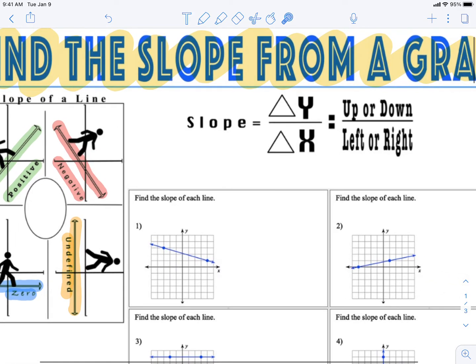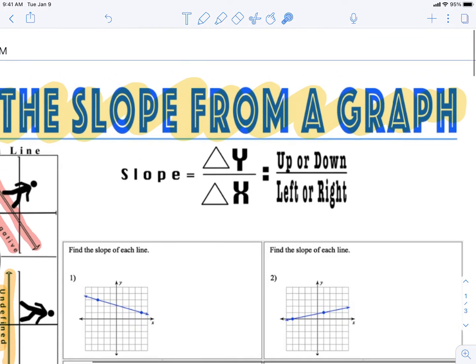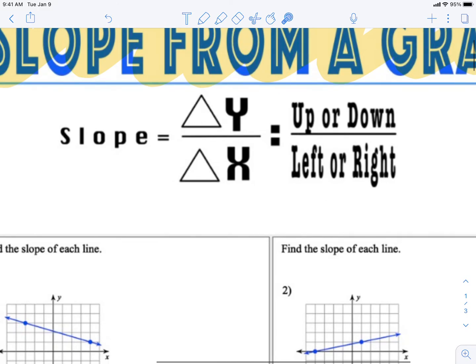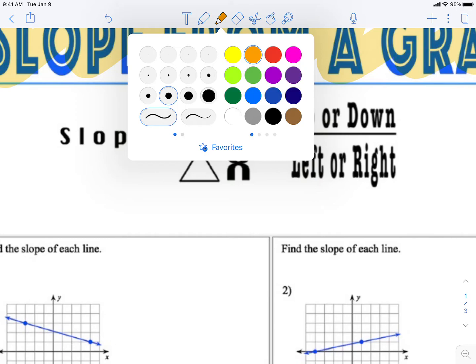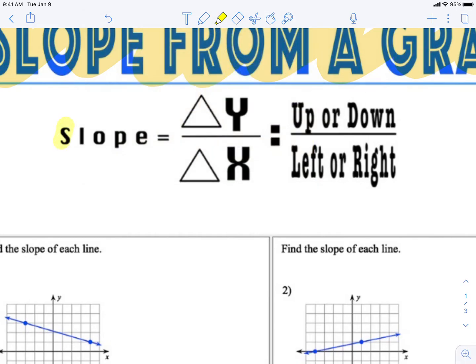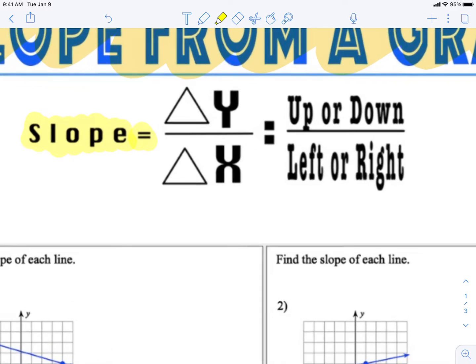So let's move on to the next part here. So we go here to where it says slope. So this is how you spell slope, S-L-O-P-E. So this is our slope. Our slope is defined as delta y over delta x.